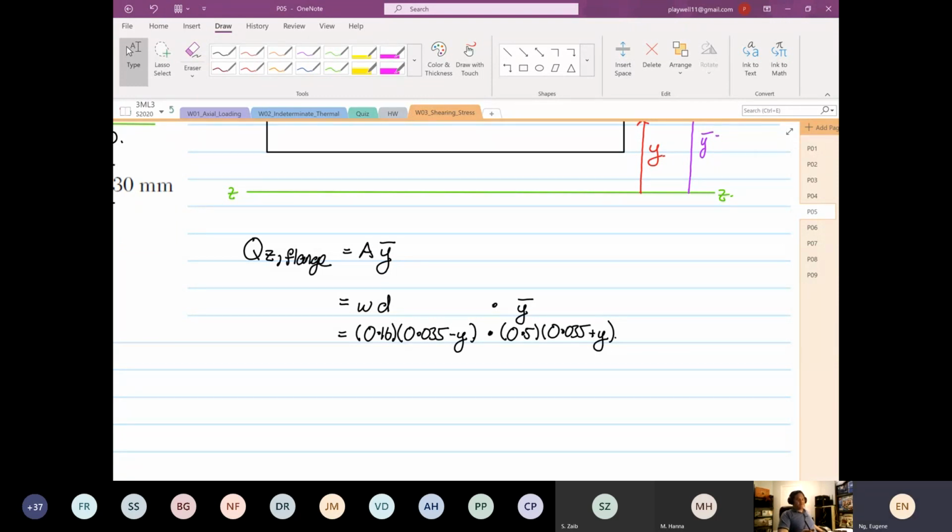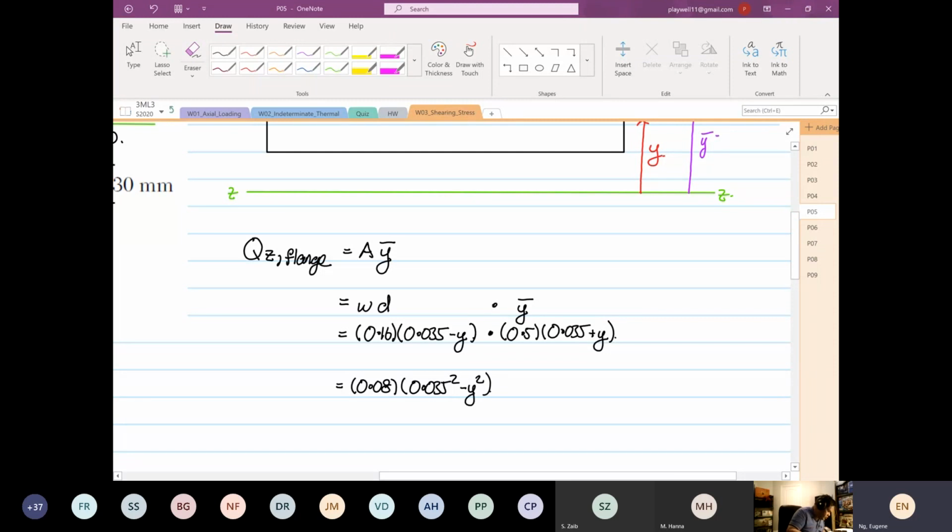So this will be equal to 0.08 multiplied by 0.035 squared minus y squared.